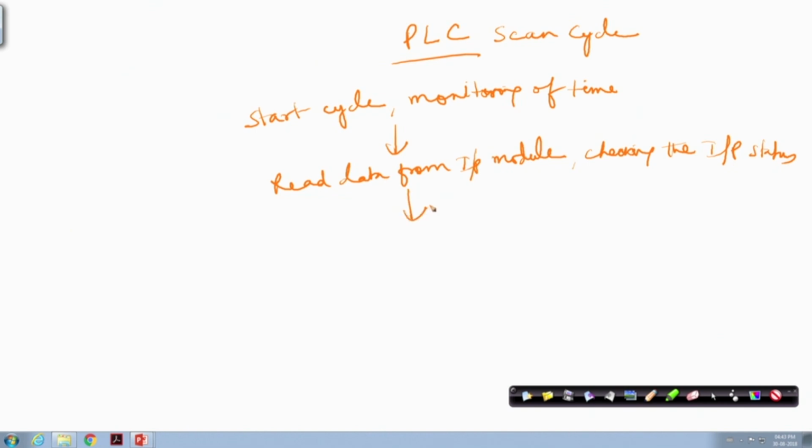Then the next thing in the cycle is executing the application, the user applications.